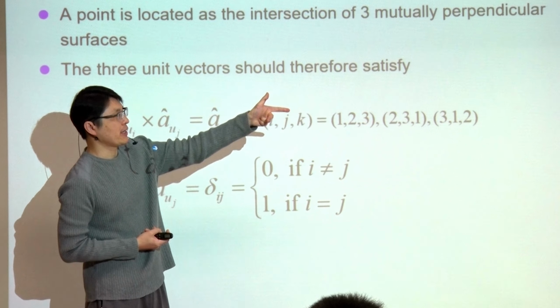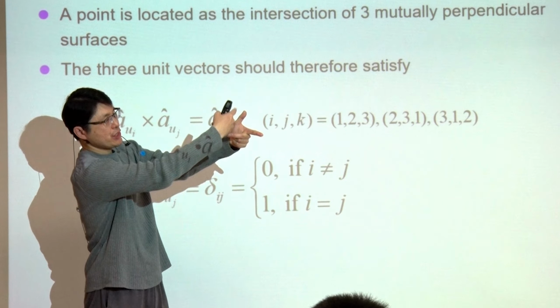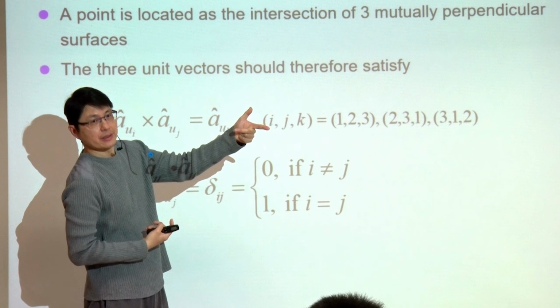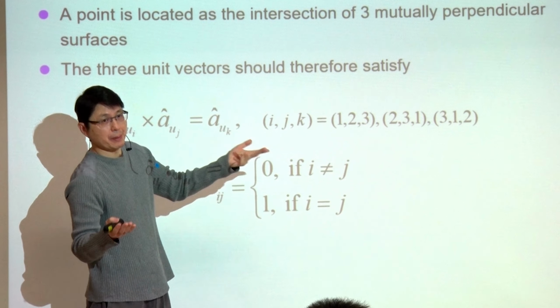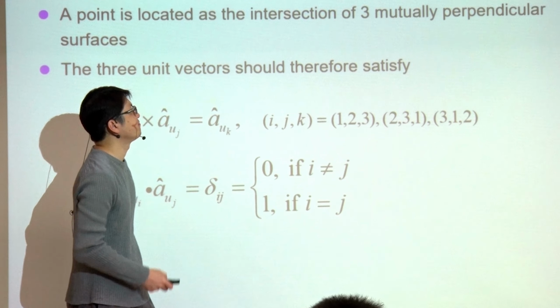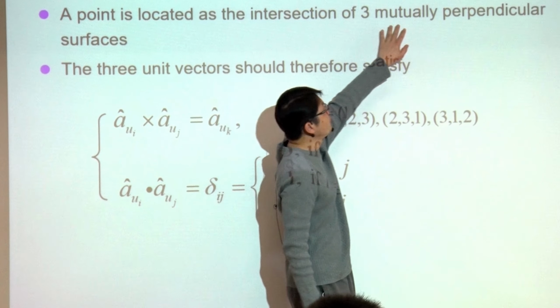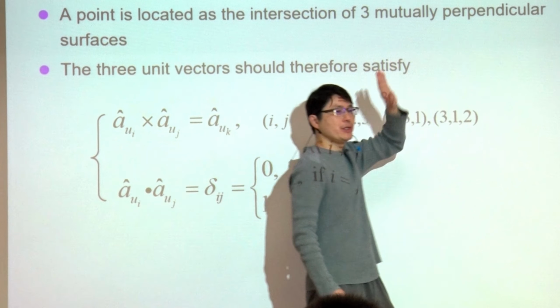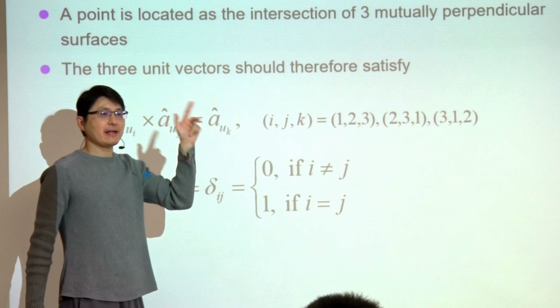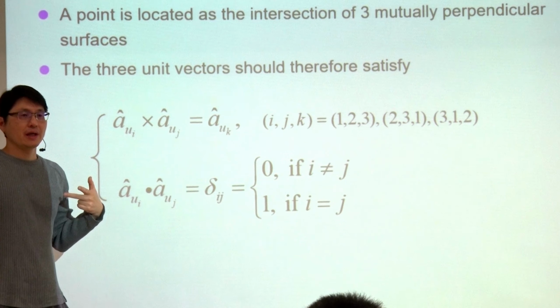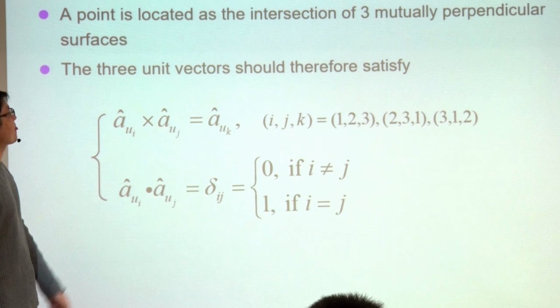Okay, so this is like my hand. Each 2 are orthogonal. Orthogonal means perpendicular. Okay? So we will have 3 mutually perpendicular unit vectors to define a coordinate system.